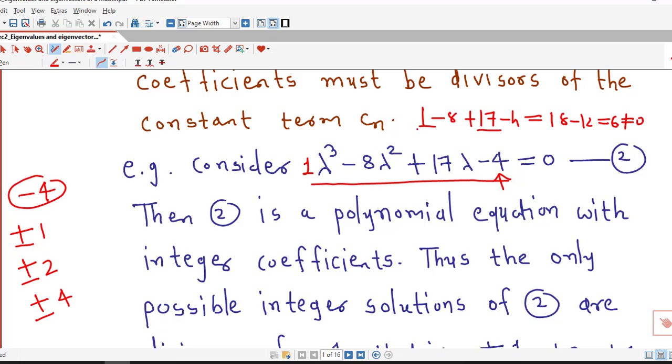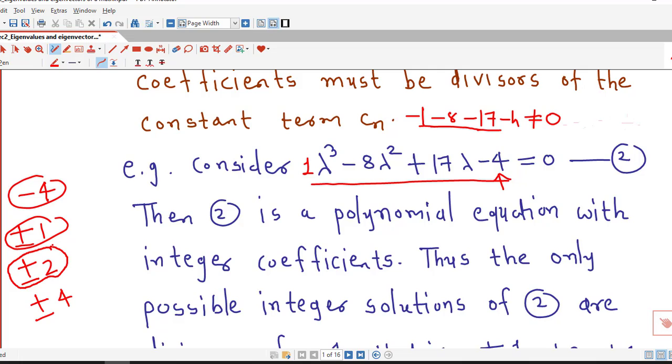For lambda equal to minus 1, we have minus 1 cube, then lambda square is minus 1 square, that is 1, plus 17 into minus 1, so this is going to be minus 17, and minus 4. And we can see here also we are getting a non-zero value. This is minus 9, minus 9 plus 7, minus 26, and minus 4, which is minus 30. So it is non-zero. So these two are not solutions of this equation.